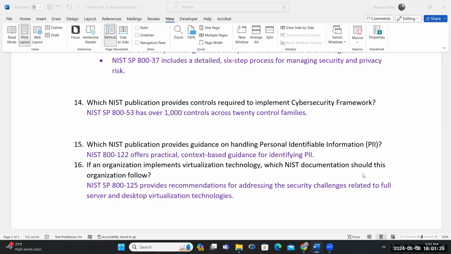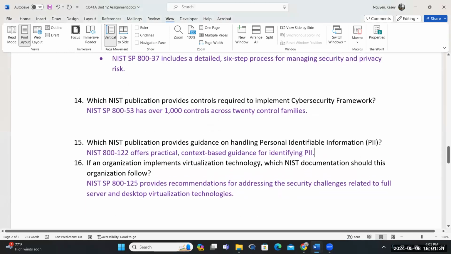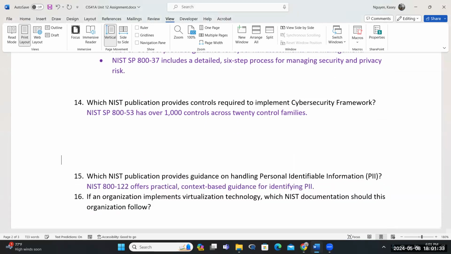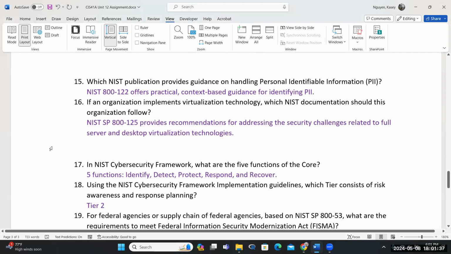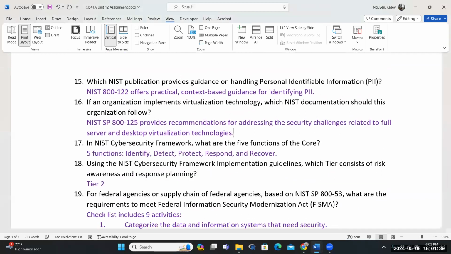Okay, so we talked about personal identifiable information. We talked about virtualization. We just got a couple more to go, so let's move these down. In the notes, it talks about some of the activities that you can do in different areas of your framework, very similar to what we've been talking about since the beginning of this class.